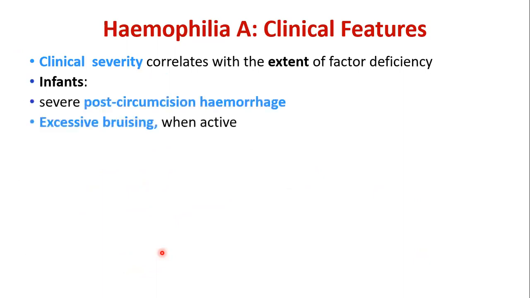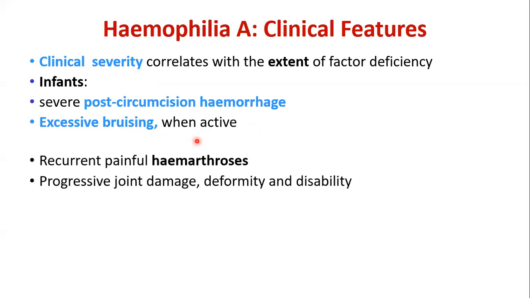Infant severe post-circumcision hemorrhage is a very common presentation, or excessive bruising when they are active. When they are playing, they may bleed from joints and muscles after simple injuries. Often the child presents with recurrent painful hemarthrosis, that is, blood in the joints.